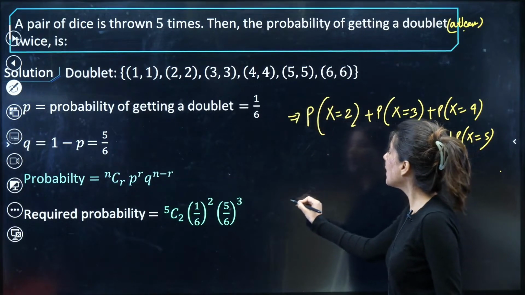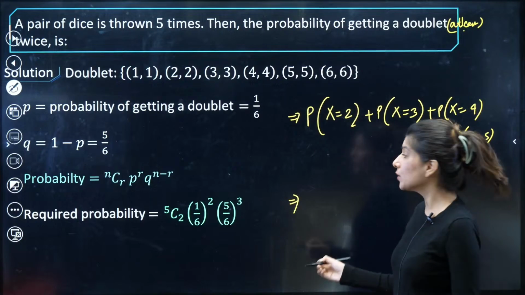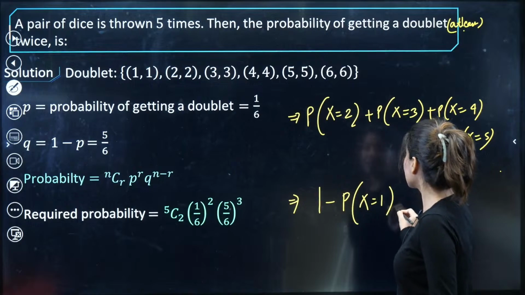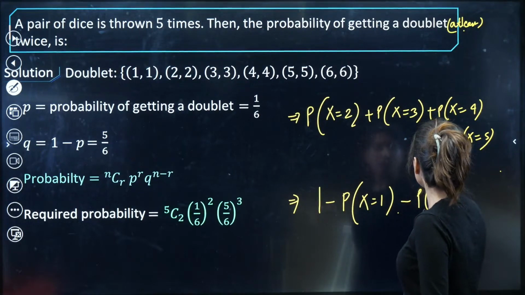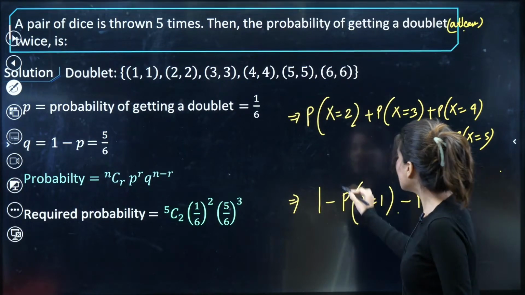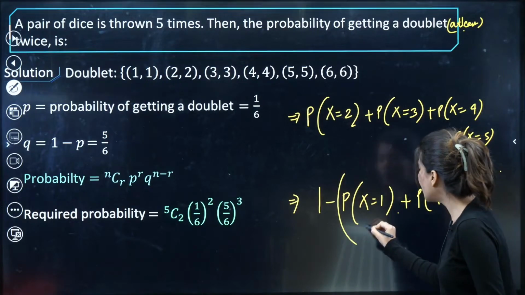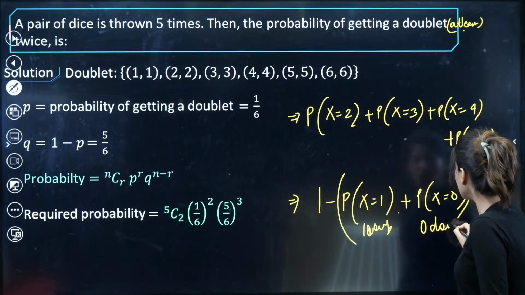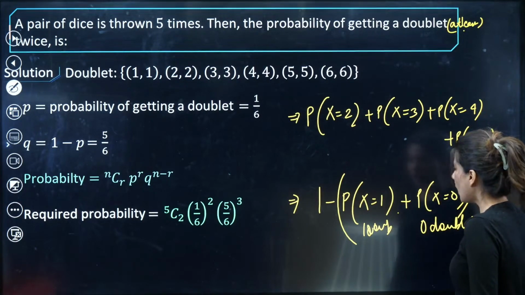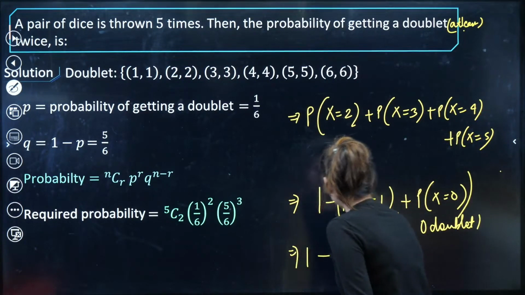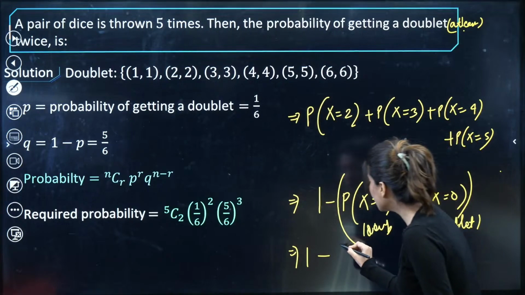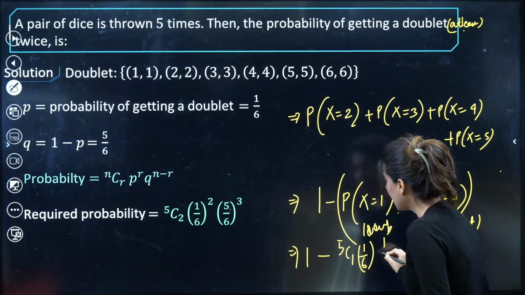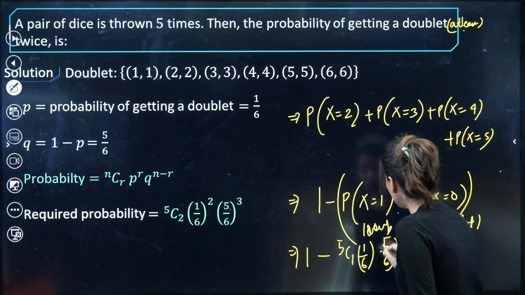So you can just go ahead and calculate this, or what you can do is 1 minus the probability of 1 success and 0 success. That means 1 minus the probability of getting 1 doublet and 0 doublet. So if you want to get 1 doublet, this is 5C1, (1/6), and (5/6) raised to power 4.